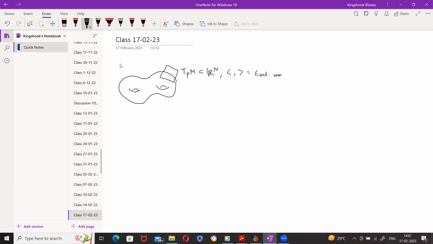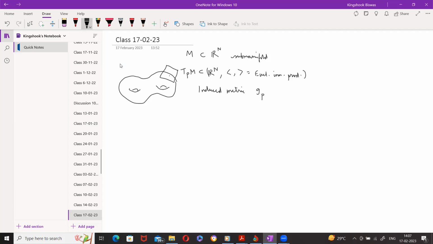So restricting the Euclidean inner product to any tangent space of M gives you what's called the induced Riemannian metric, right?